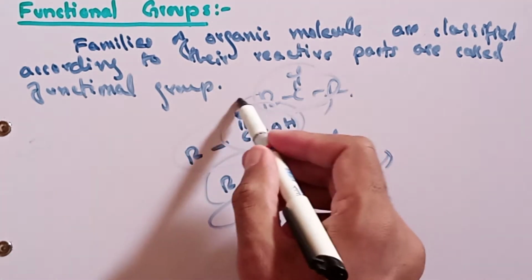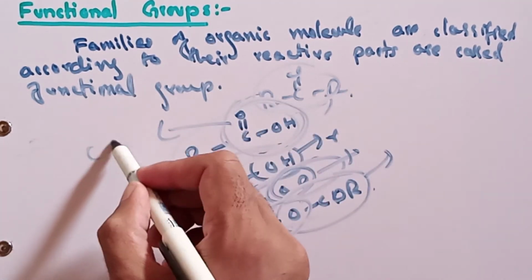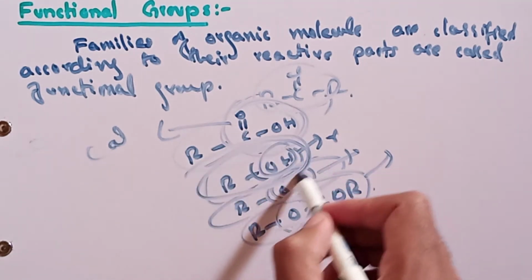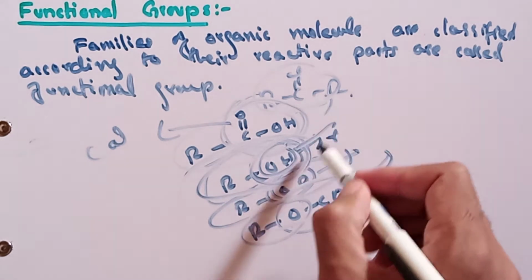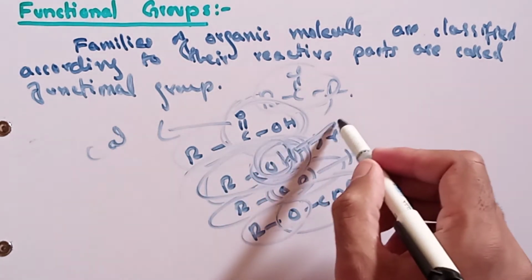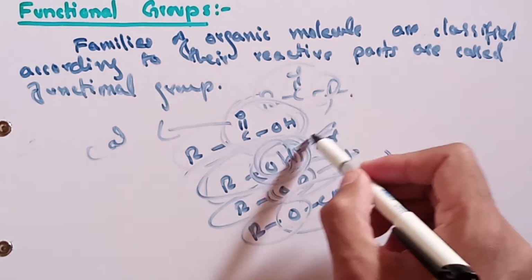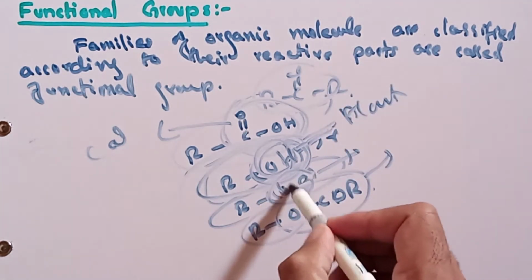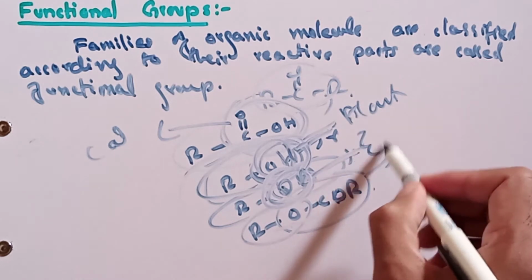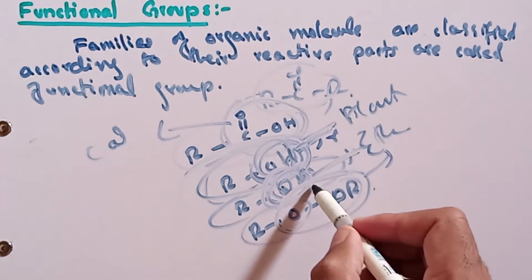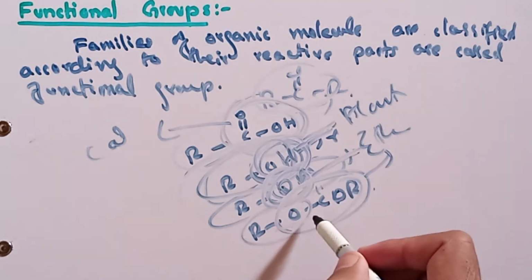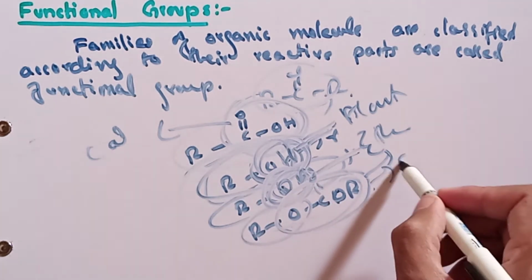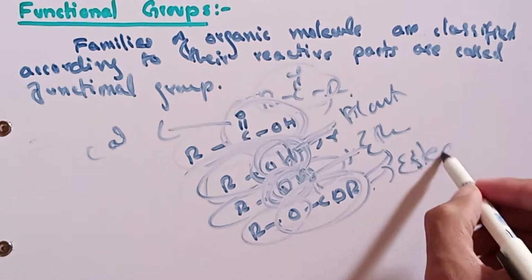Like this family, due to this group, is called carboxylic acid, while compounds that have this reactive group are called alcohol. Compounds that have an OR group are called ether, and compounds that have an RC double bond OR group are called ester.